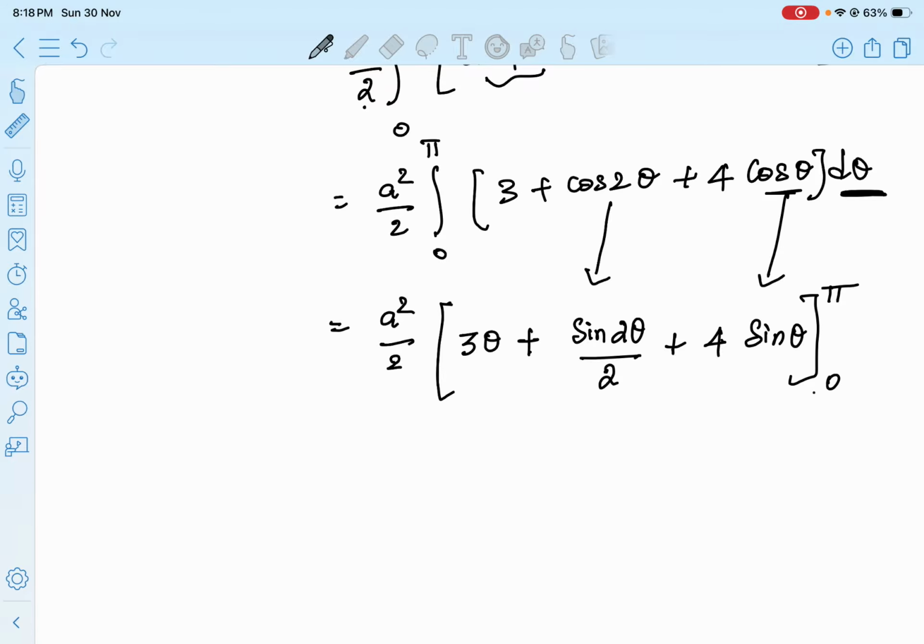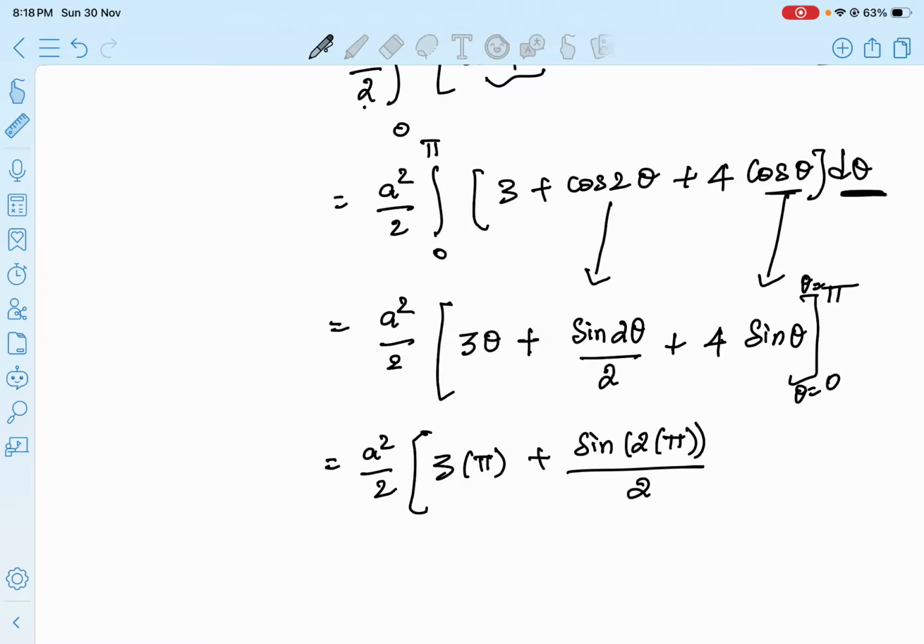Okay, for theta we are going to replace 0 to pi. So a square by 2, your 3 into pi. So 3 into pi plus sine 2 into pi by 2 plus 4 sine pi.